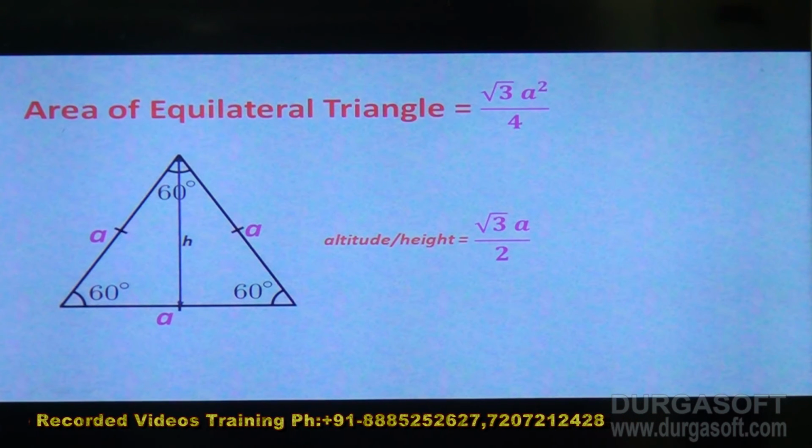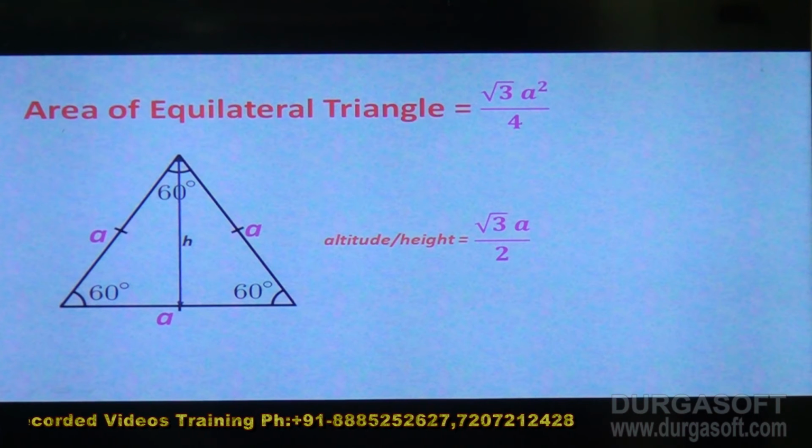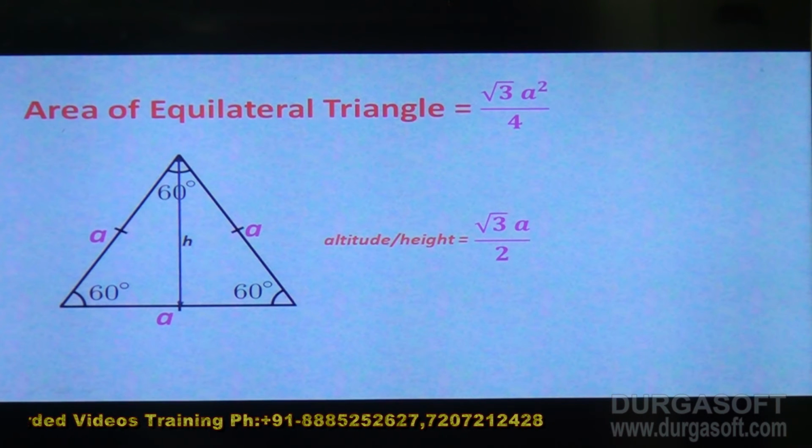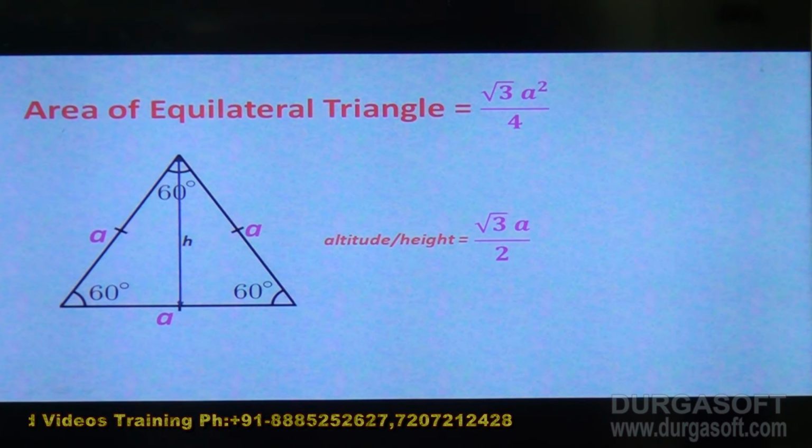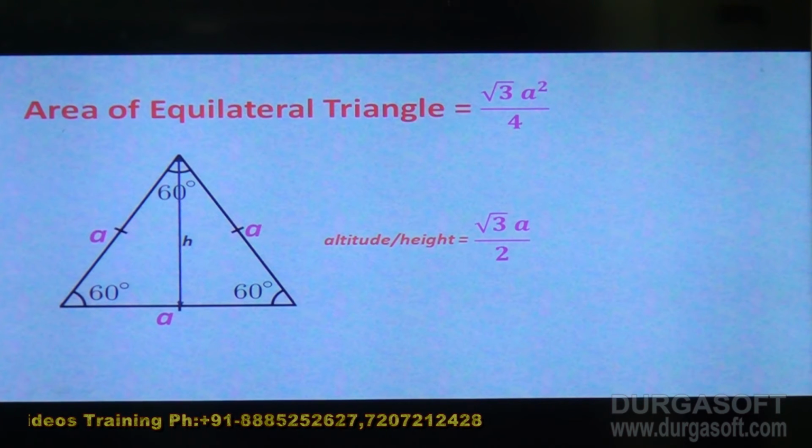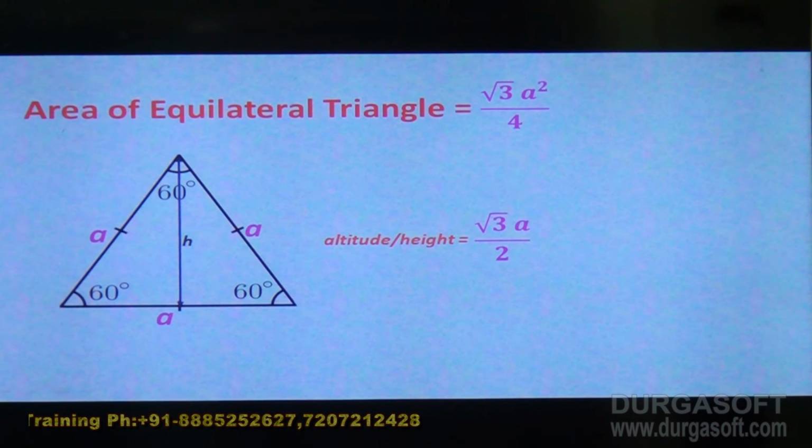So these are the important points we have to remember regarding the equilateral triangle: the area is root 3 a square by 4, and the height or altitude is root 3 a by 2.